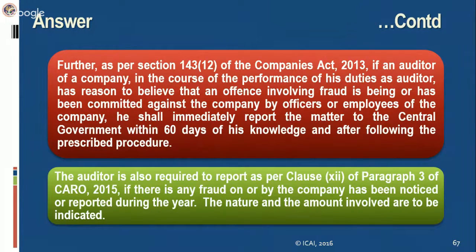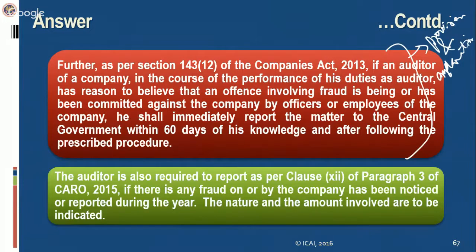Just like here, as per section 143(12) of the Companies Act 2013, if an auditor of a company in the course of the performance of his duties as an auditor has reason to believe that an offense involving fraud is being or has been committed against the company by officers or employees of the company, he shall immediately report the matter to the Central Government within 60 days of his knowledge and after following the prescribed procedure. This is also a part of the provision and explanation you need to give in your answer to the question.